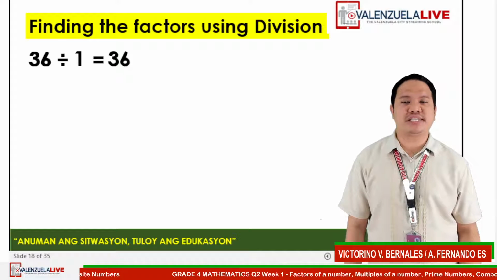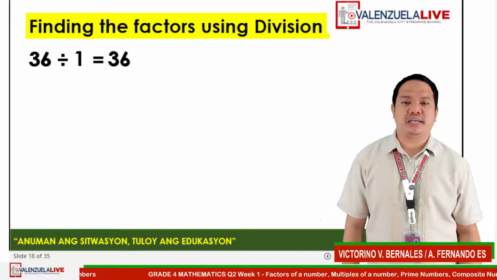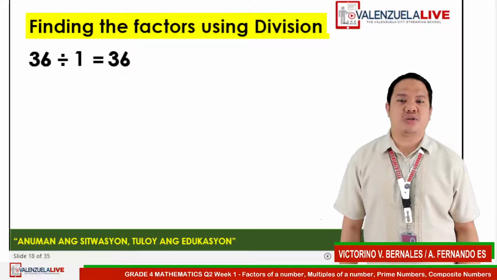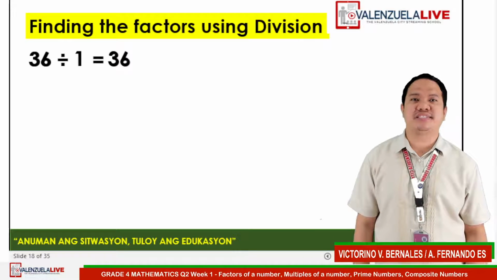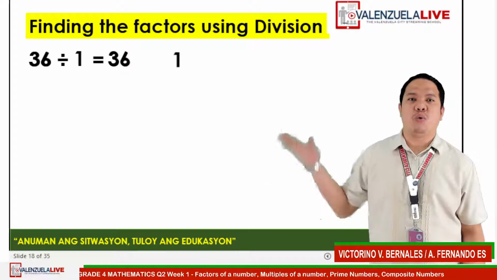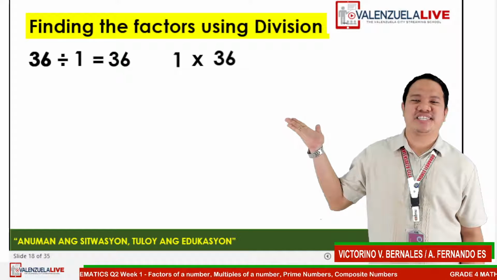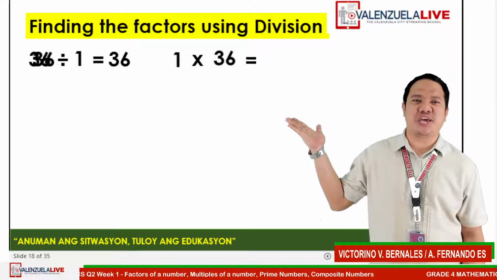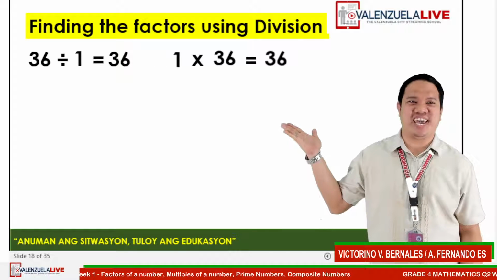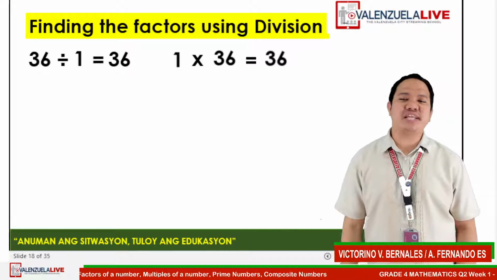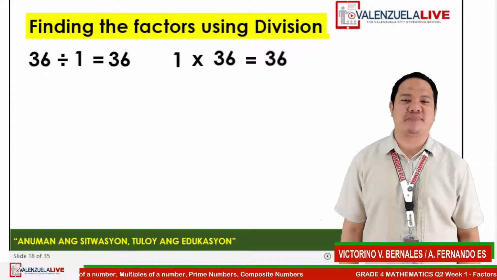Thus, 36 divided by 1 is equal to 36. So, the first pair of factors is 1 times 36 is also equal to 36.